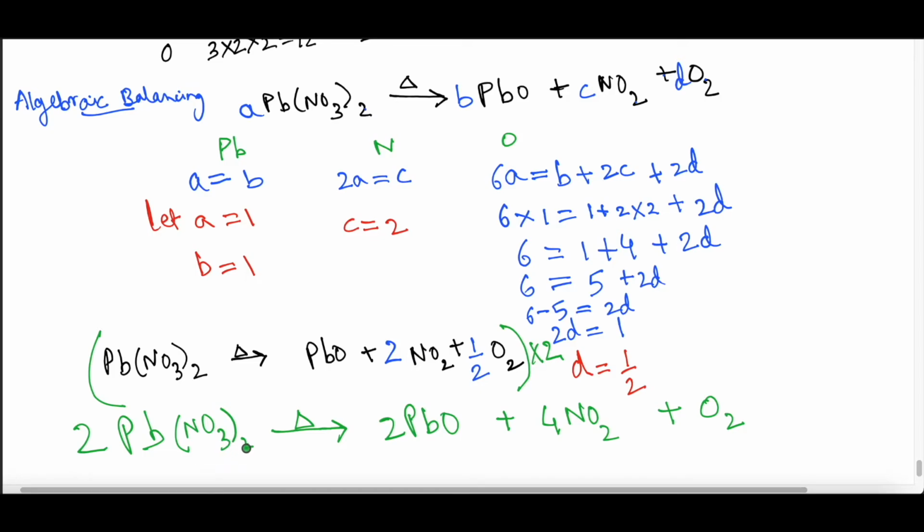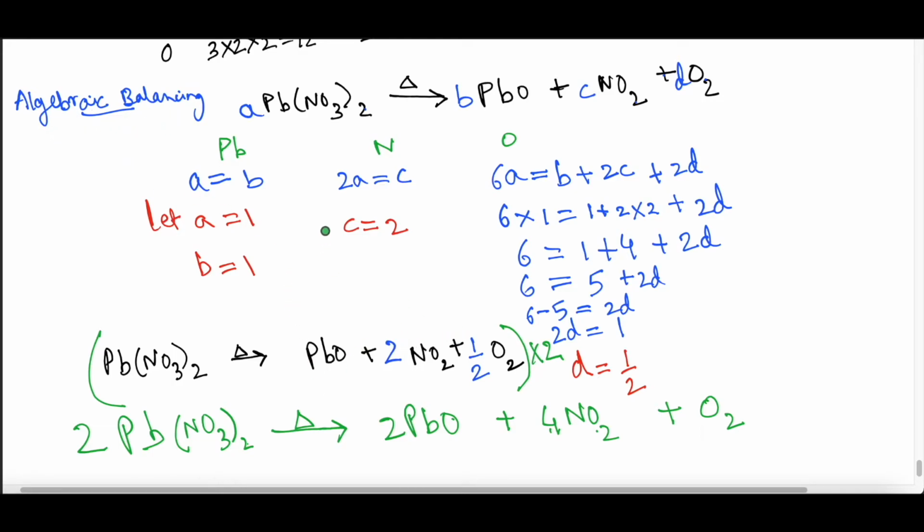And 3 times 2, that is 6 times 2, that is 12 oxygen atoms on the reactant side, and 2 plus 2 times 4, that is 8, plus 2 times 1, that is 2. So we have 2 plus 8 plus 2. It is 12. Thus we see the chemical equation has got balanced by the algebraic balancing method.